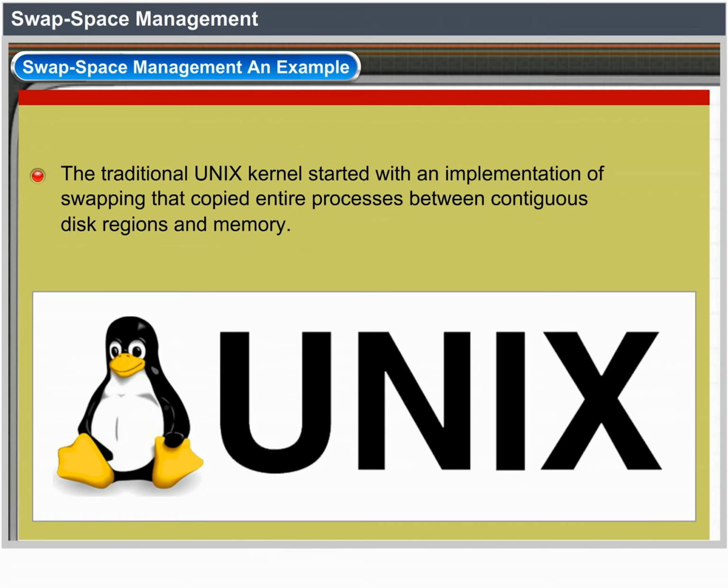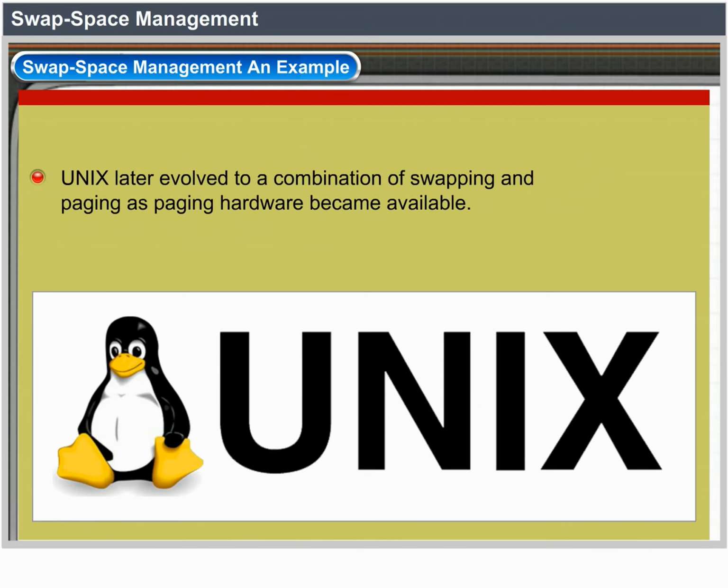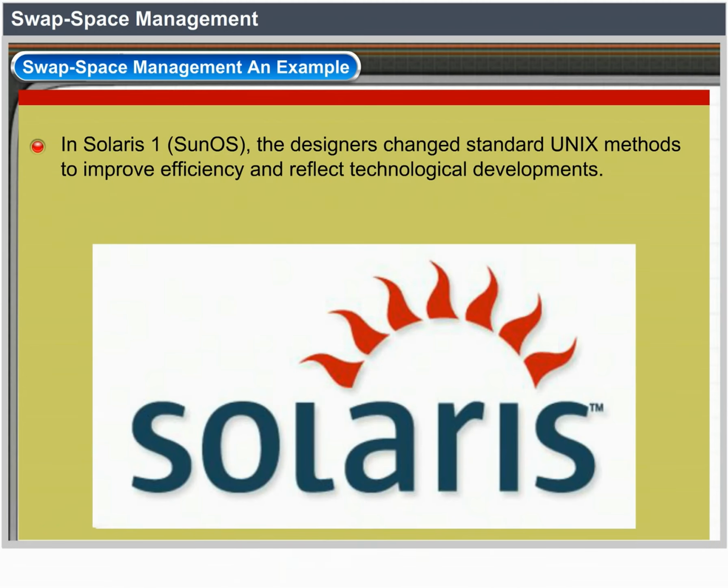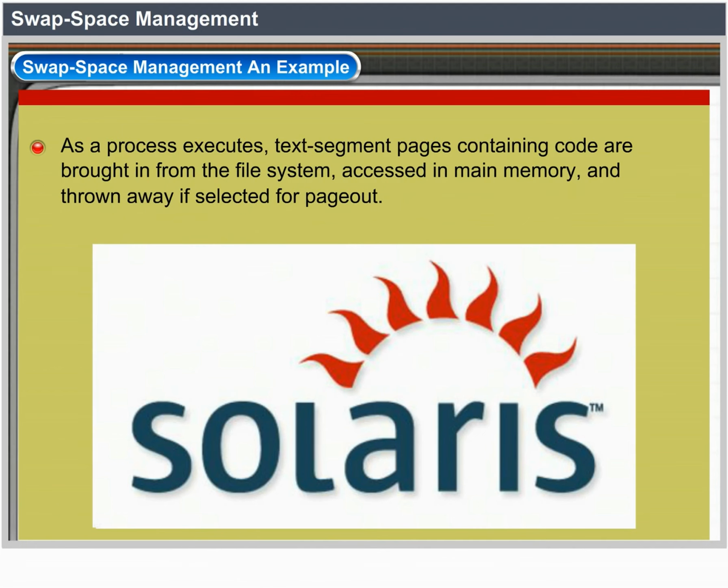In Solaris 1 SunOS, the designers changed standard Unix methods to improve efficiency and reflect technological developments. When a process executes, text segment pages containing code are brought in from the file system, accessed in main memory, and thrown away if selected for pageout.